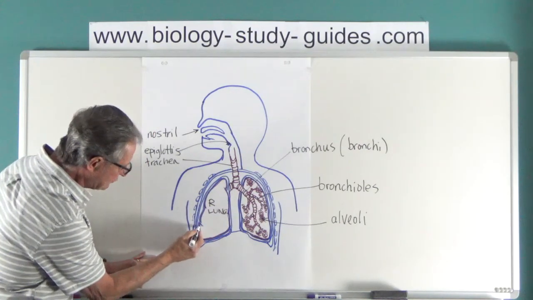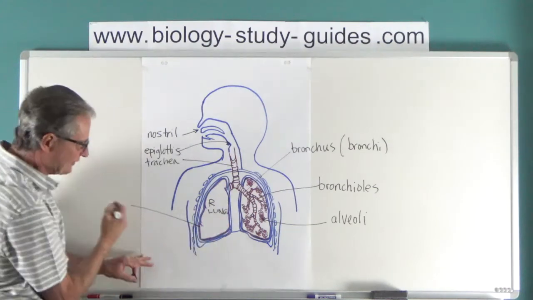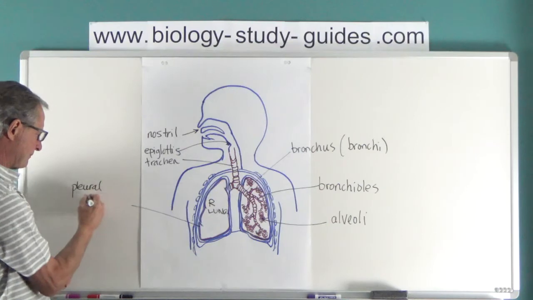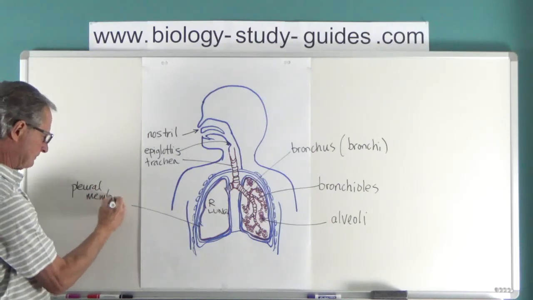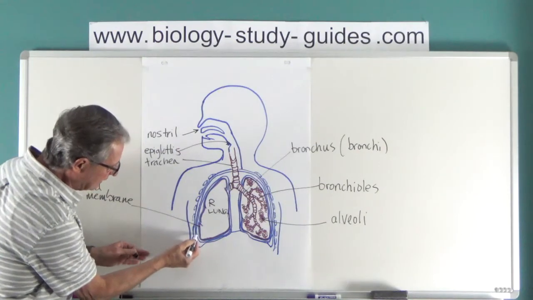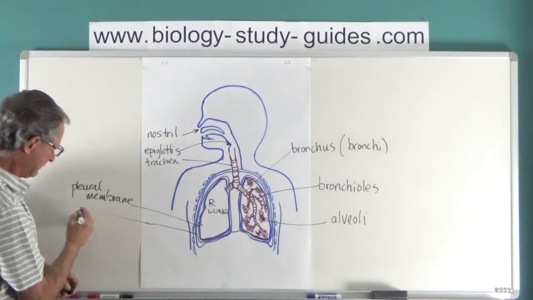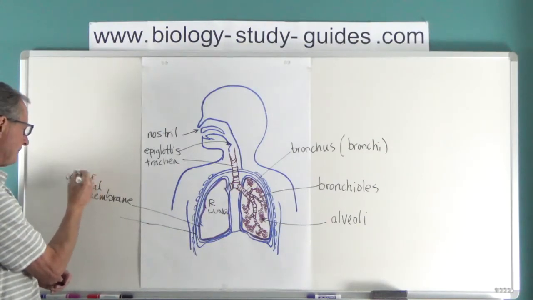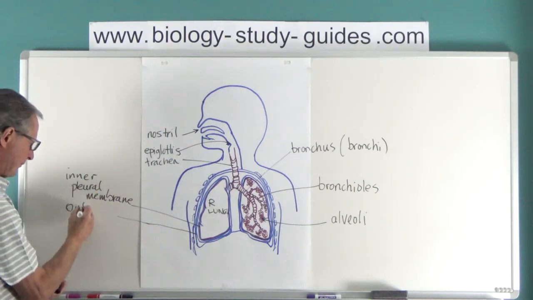On the surface of this right lung and on the surface of the left lung, there's a pleural membrane. And then also against the body wall, there's another one. So this is an inner pleural membrane, and then there's an outer pleural membrane.